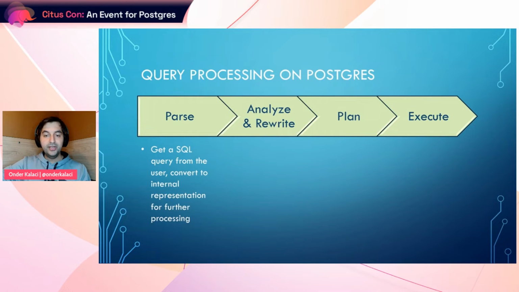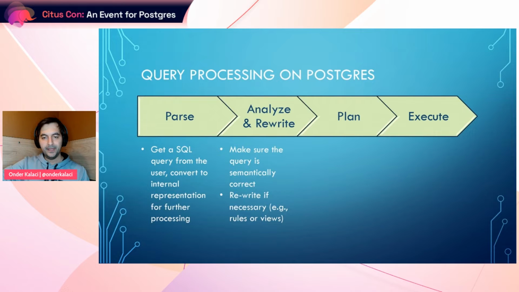Very briefly, parsing means the user types in a SQL query in text format, and parsing gets that SQL command and converts it into an internal C data structure for further processing, which is just a representation of the same text in memory.